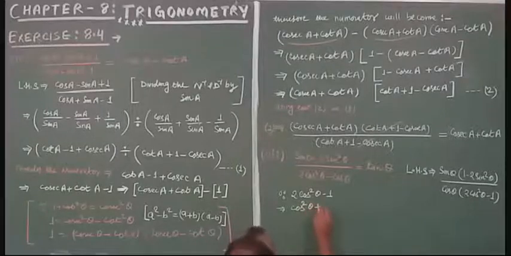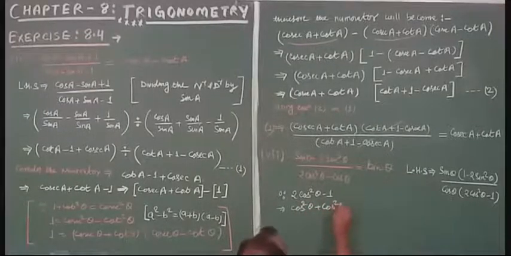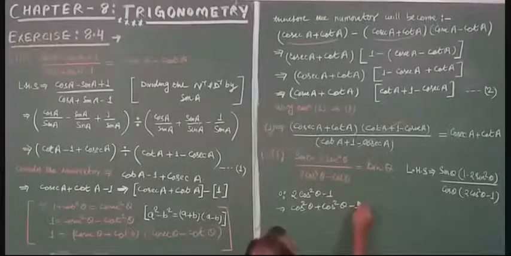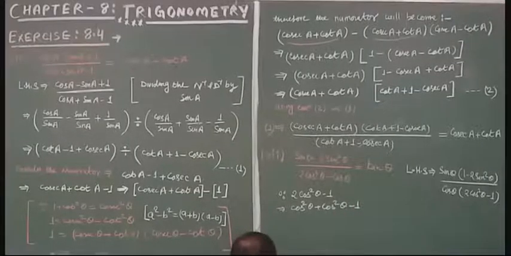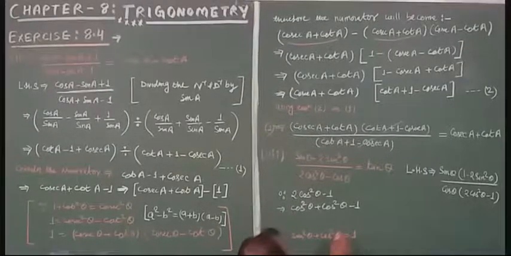Cos square theta plus cos square theta minus 1, or not. And there is an identity, sin square theta plus cos square theta is equal to 1.